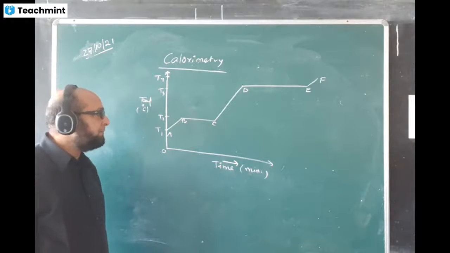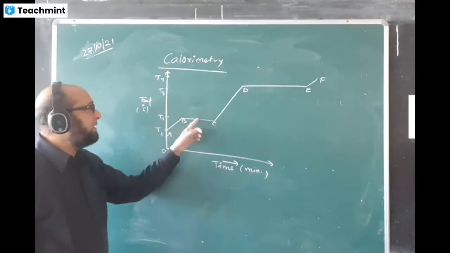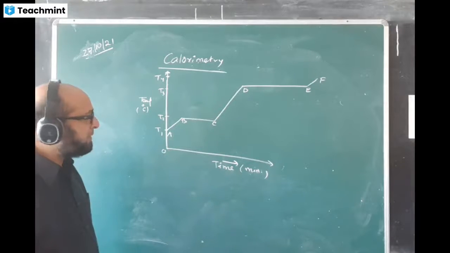The question is asking, what does the region BC and DE represent? Can you tell me what the region BC and DE represent?